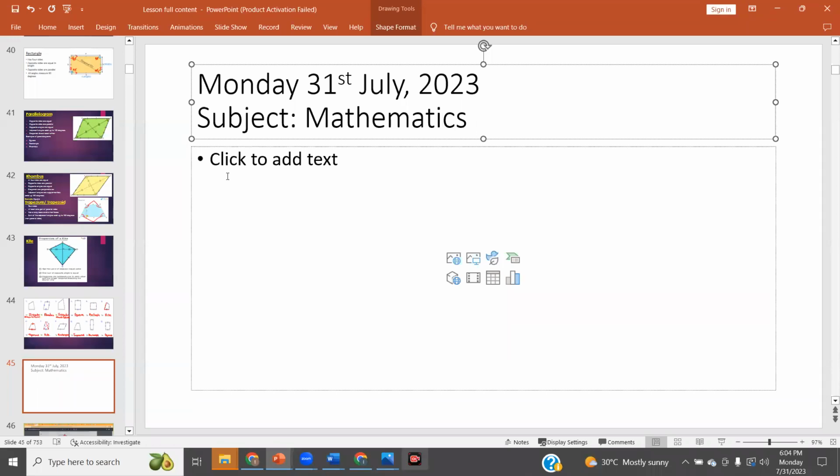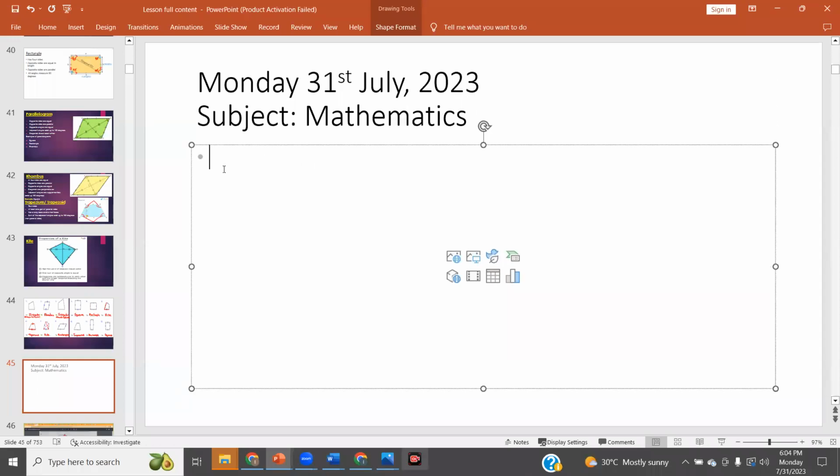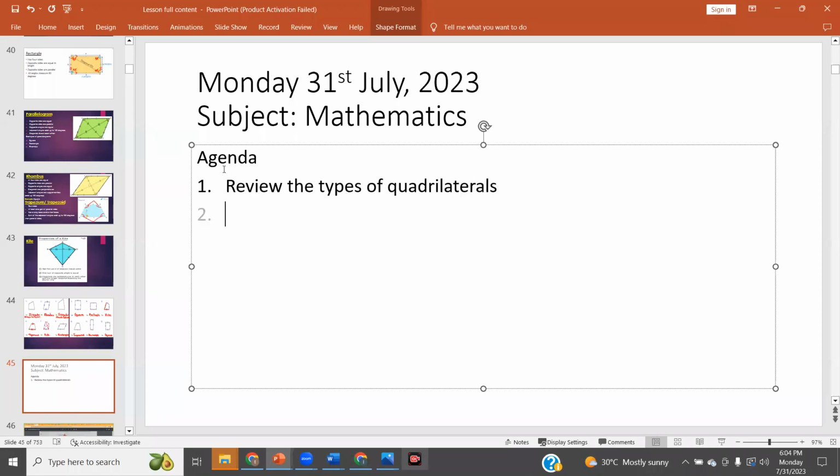The agenda: first, let us review the types of quadrilaterals. And then after that, I want us to complete a worksheet, a graded exercise on the different types of quadrilaterals.